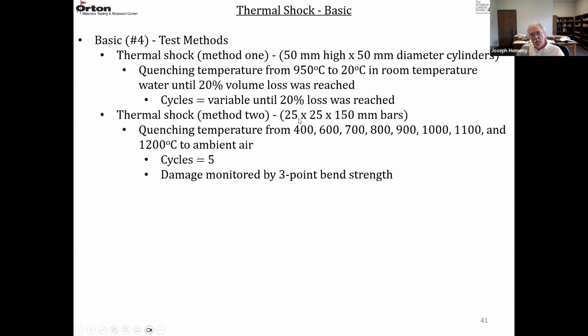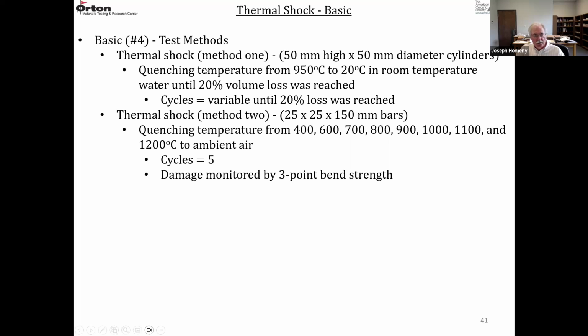So this is the 25 by 25 by 150 millimeter bars. And the quenching temperatures range from 400 all the way up to 1200: 600, 700, 800, 900, 1000, 1100, and finally 1200, quenched in ambient air. So they did 5 cycles in ambient air, and then they measured the 3-point bend strength.